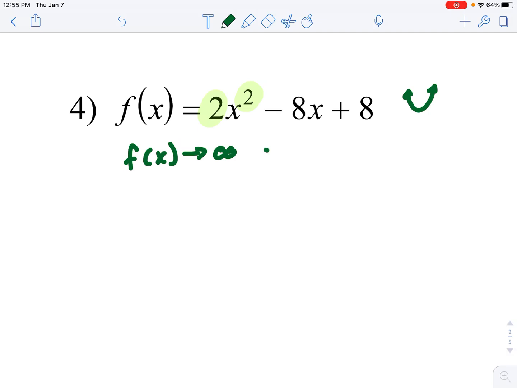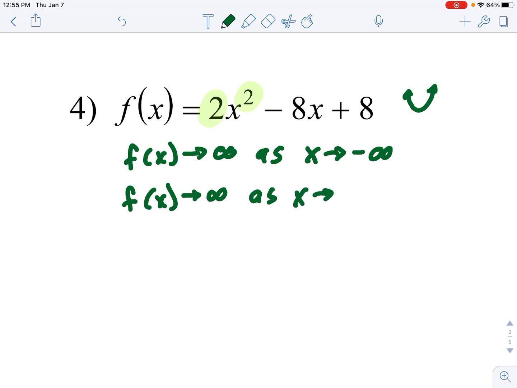To the left, as x goes to negative infinity. Up to the right, f of x goes to infinity, that's up, as x goes to infinity, that's right. So this says up, left, that represents that arrow, up, right, that represents that arrow.